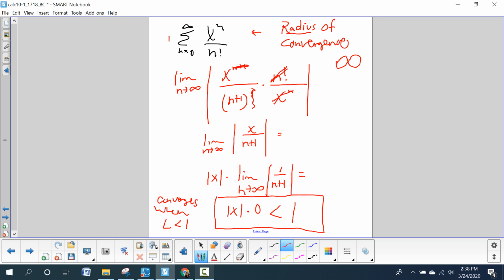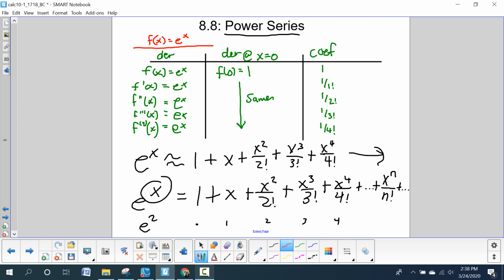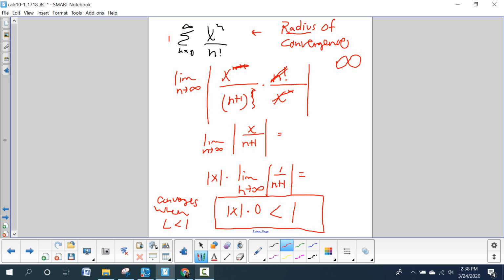So this series, x to the n over n factorial, this thing I was just showing you, this series that we just checked the convergence of, always converges for any x value, no matter what you put in there. So next time you see a 3 to the n over n factorial, you automatically will know, yes, it does converge.